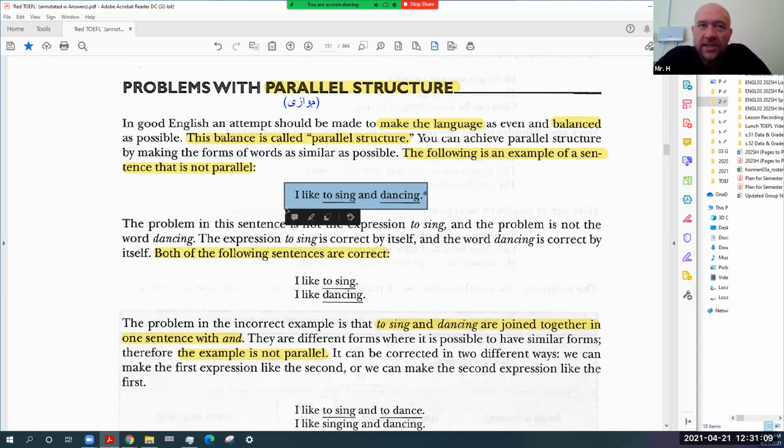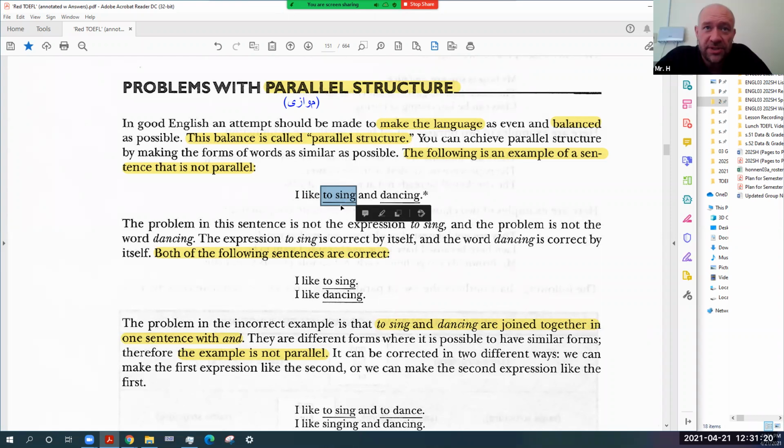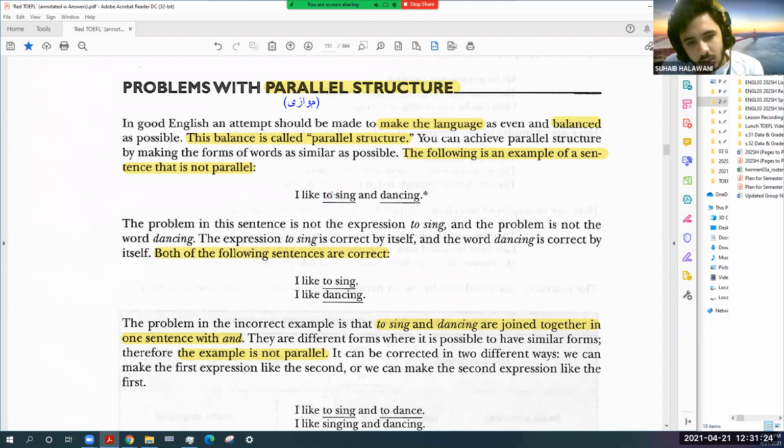What should we balance? What is this? What structure is this? What do we call it? To sing. What is it called, gentlemen? Infinitive. That's right.